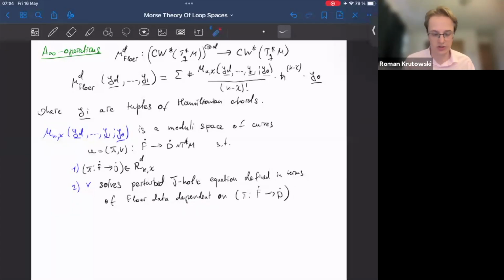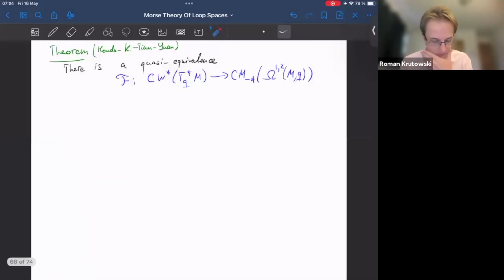In this way, we achieve transversality. So the theorem that we prove is that the obtained infinity algebra for this tuple of cotangent fibers above kappa points is quasi-equivalent to our Morse multi-loop infinity algebra.